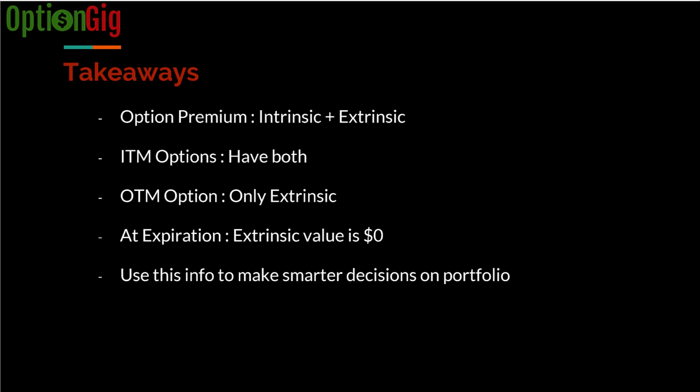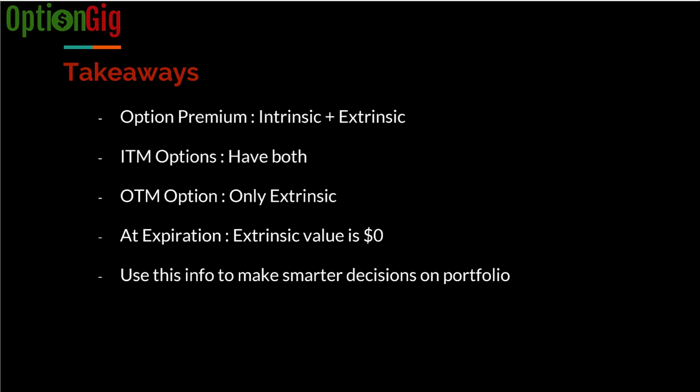Out-of-the-money (OTM) options have only the extrinsic value. There is no innate value in that option contract. At expiration, the extrinsic value is 0. Extrinsic value is known as time value, and at expiration there is no more time left, so there is no more time value left, and that is why the extrinsic value is 0.